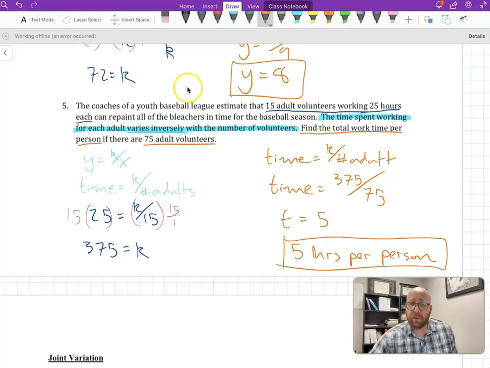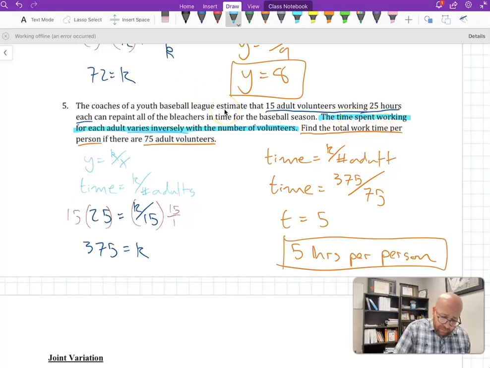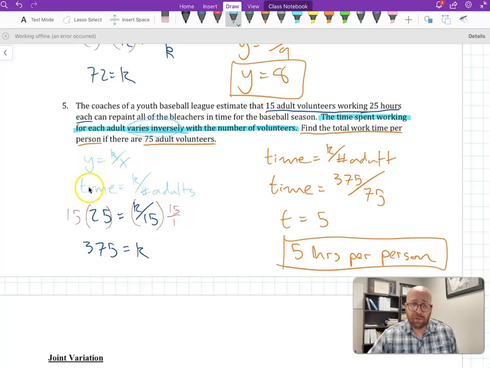So how do we solve these problems? It begins by first identifying what kind of variation we're dealing with. Once you decide that it's inverse, we look at the statement to determine what units y and x take on. y is our time, x is our adults.